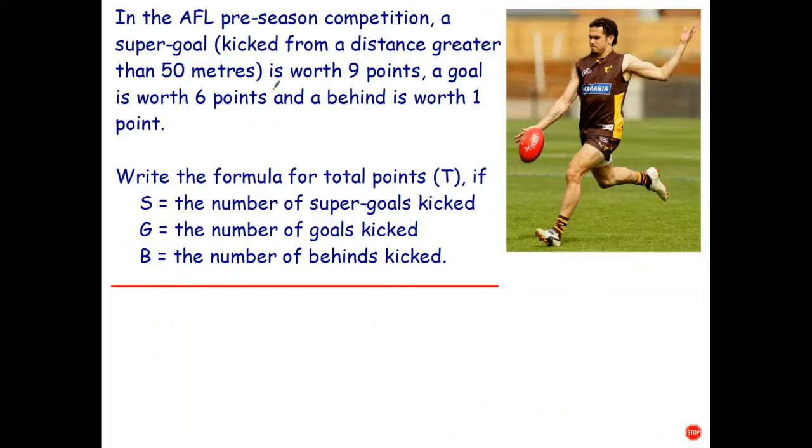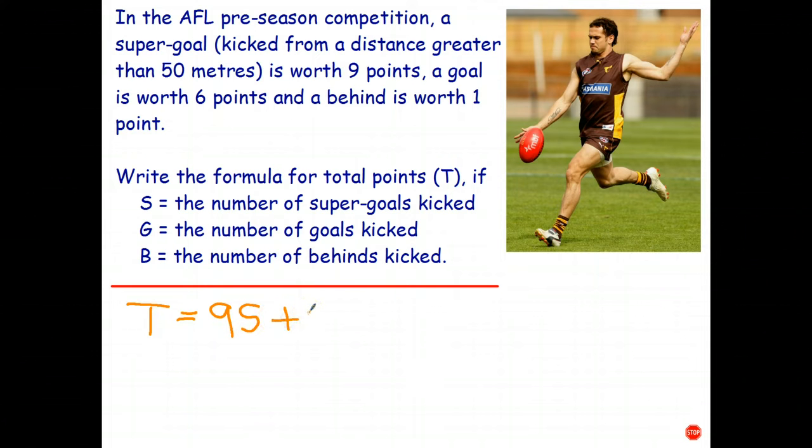Okay, welcome back, students. If S is the number of super goals, and each super goal is worth 9 points, the total points in these super goals is going to be 9 times S. So we put what we're trying to find, in this case the total, on the left, then an equal sign, and 9 times the number of super goals, which is just 9S.